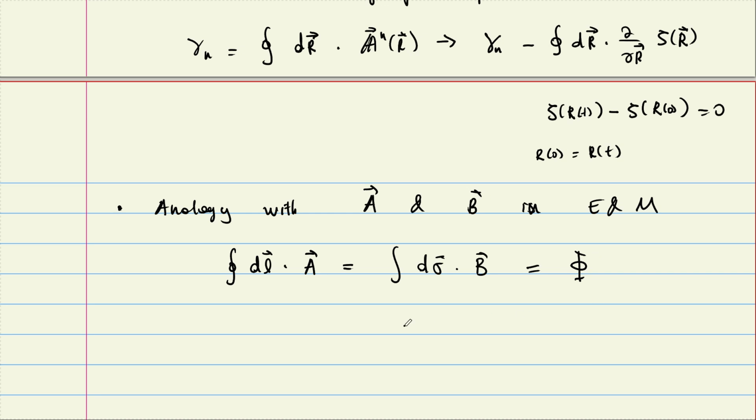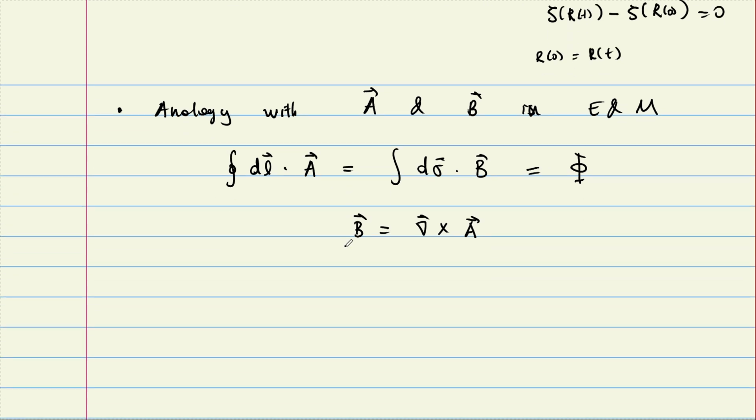And B is related to A through this curl. You can see we have similarities there, which suggests we can also define this B n of R based on this analogy, which will be called, okay, let me write this.